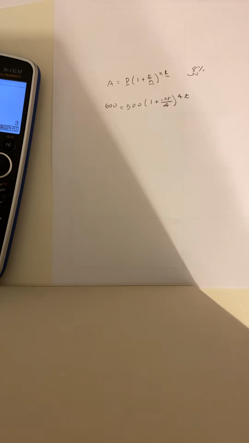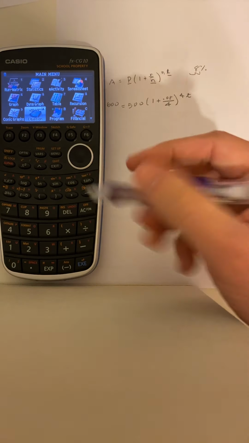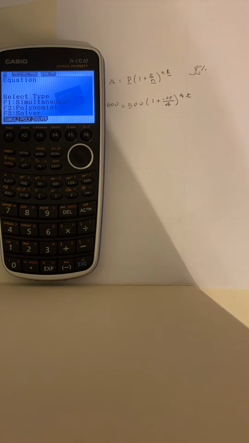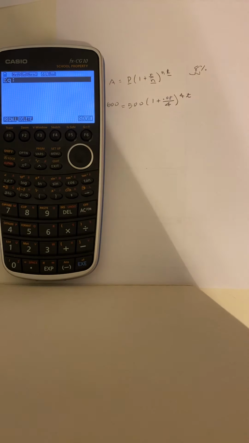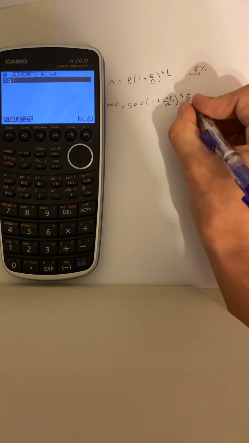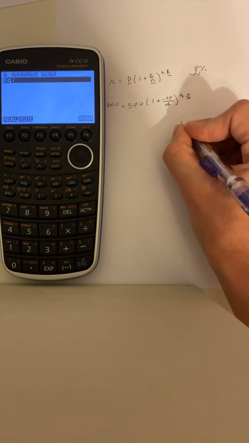If you're familiar with this function on the calculator, great. But here we actually want to use the equation solver. So we go over to A, hit execute, and hit F3 for solver. Now we want to plug in exactly this equation, except in order for our calculator to read it, let's let x equal t.